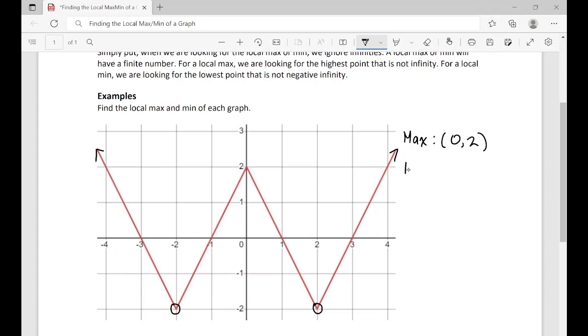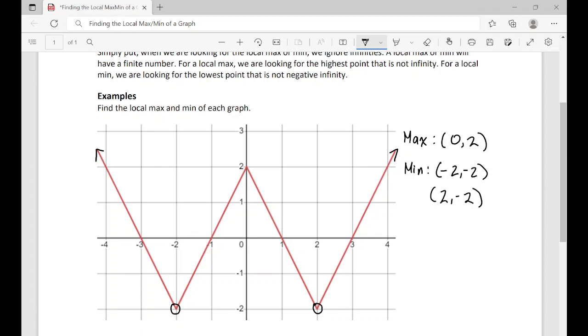So in this case, this graph will have two minimums. And this point here is -2, -2, and this point here is +2, -2. So this graph has one local max and two local mins.